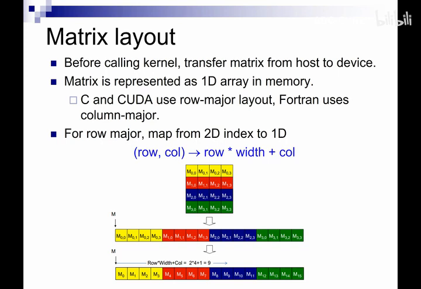The way to do that is, if this matrix is width by width, or actually, let's just say the width is the size in the x direction, then the index is just going to be which row you're in times the width, plus the column. For example, here our width is going to be 4.